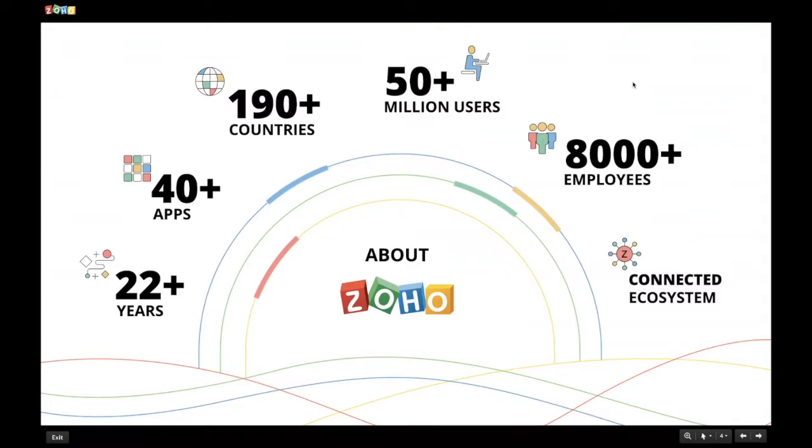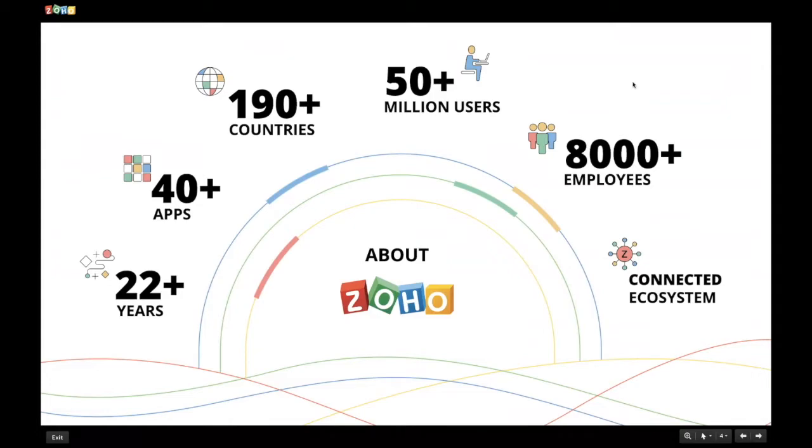So about Zoho, just a bit about us. We have been in this market for over 20 years. We've been building software for small and medium businesses. We are present in more than 190 countries with 40 plus applications to run your entire business from end to end.